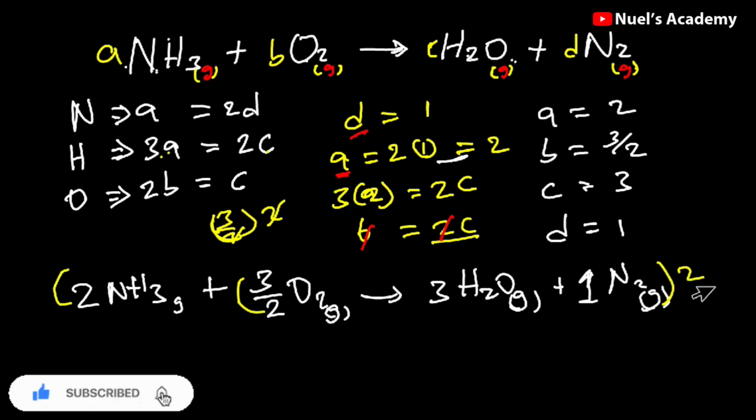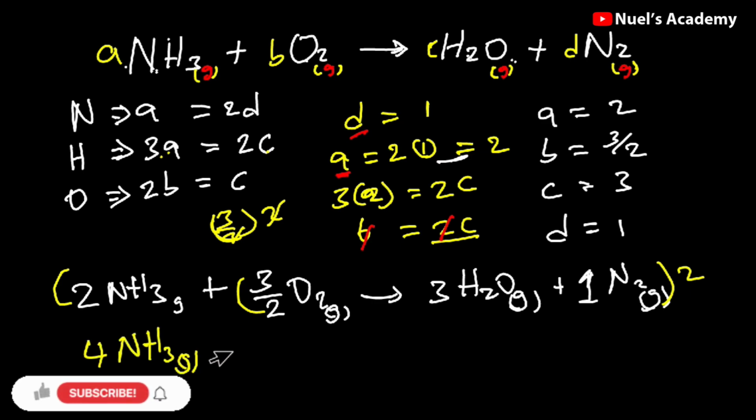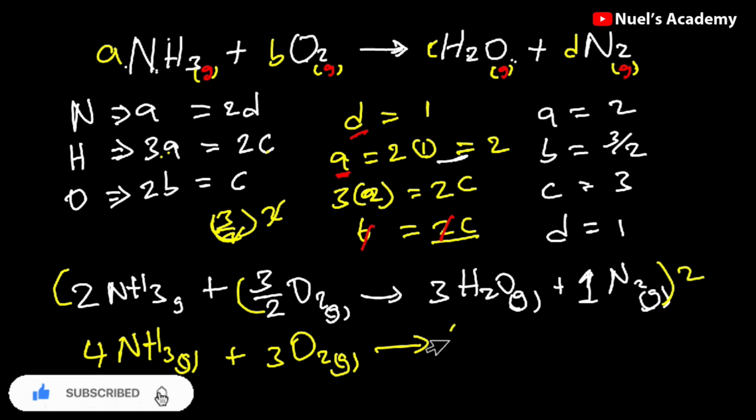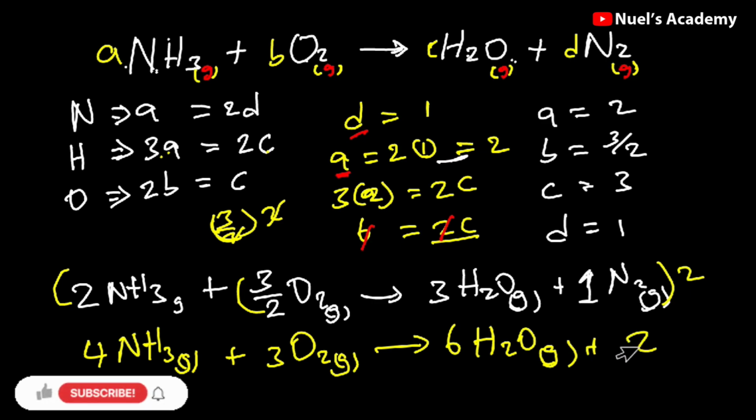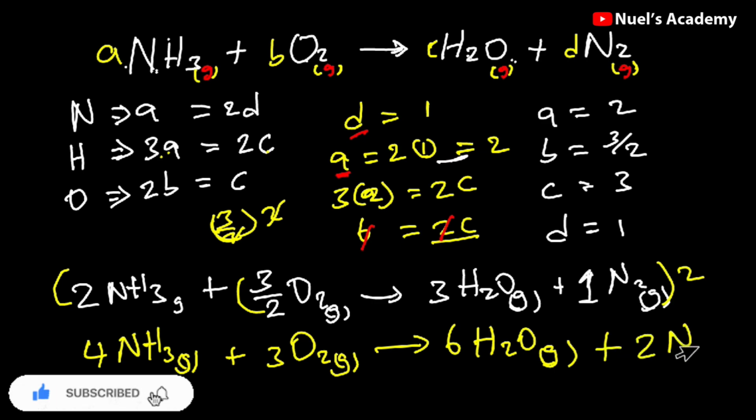So 2 times 2 gives us 4 moles of ammonia gas, plus 3 over 2 times 2 gives us 3 moles of oxygen gas, which will give us 2 times 3, 6 moles of gaseous water, and plus 2 times 1 is 2 moles of nitrogen gas.